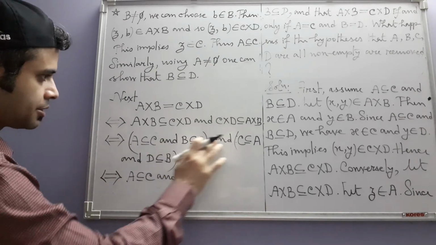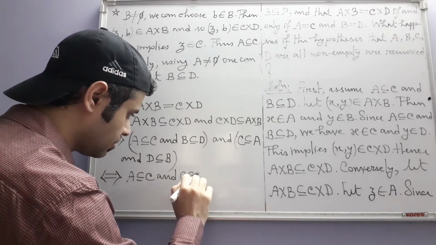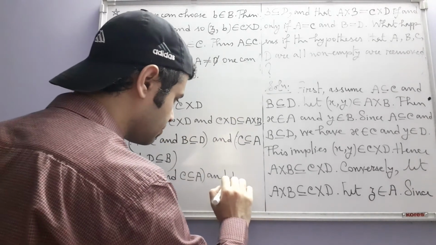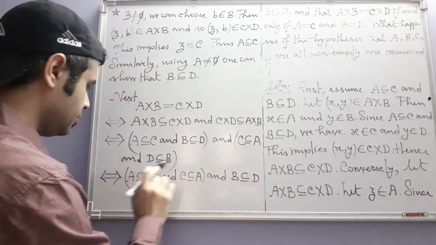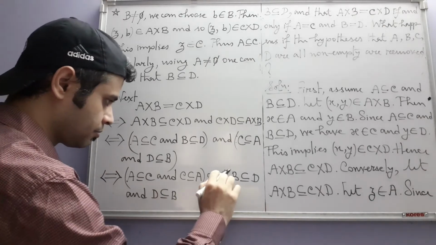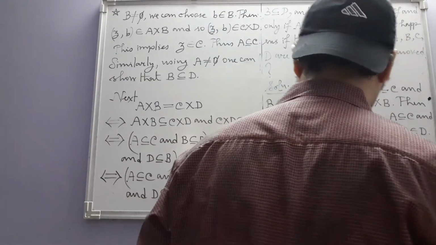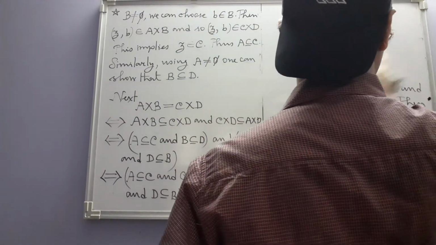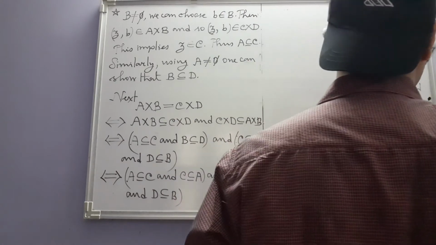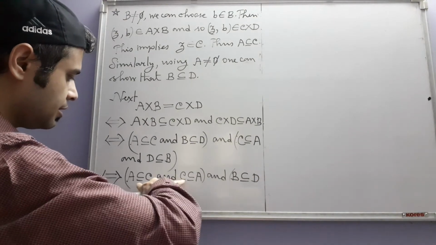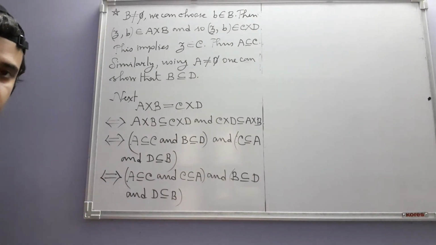So now A is a subset of C and C is a subset of A, and B is a subset of D and D is a subset of B. So now you can see that this is equivalent to A and C being equal, and this is equivalent to B and D being equal.